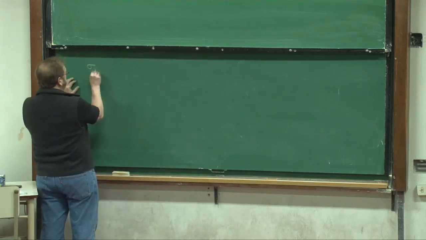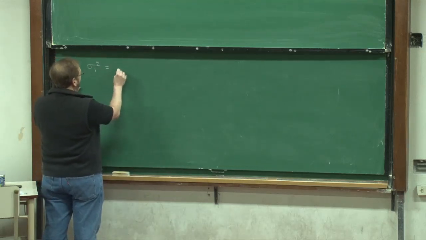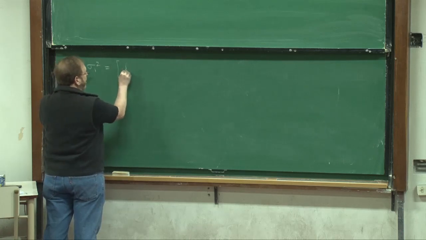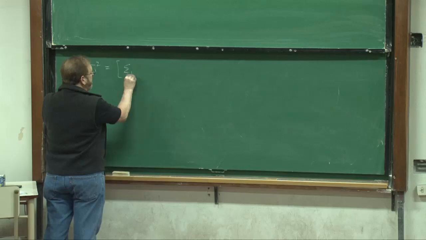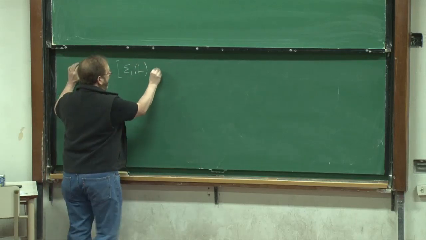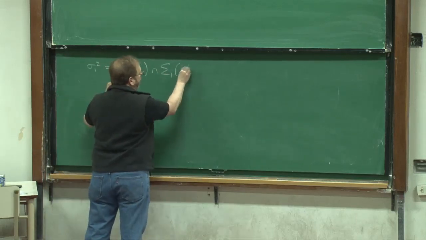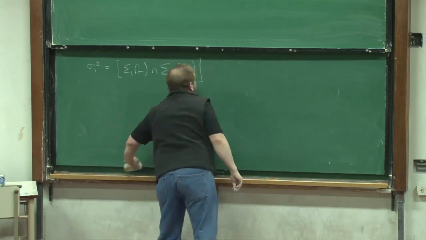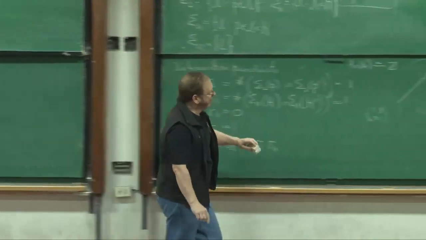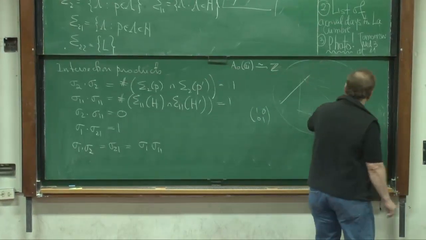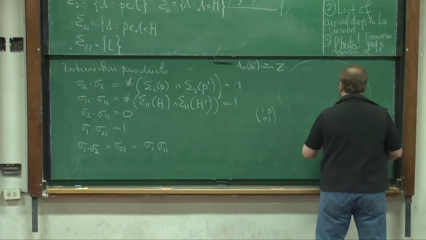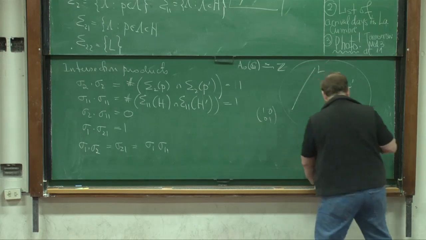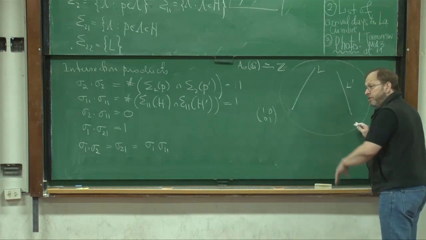If I want to do sigma 1 squared, that's the class of the locus of lines that meet a line L and meet a line L prime. So let me draw the canonical picture here. In this case, it just consists of two lines. We have a line L and another line L prime. They're general, so in particular, they're skew to one another.